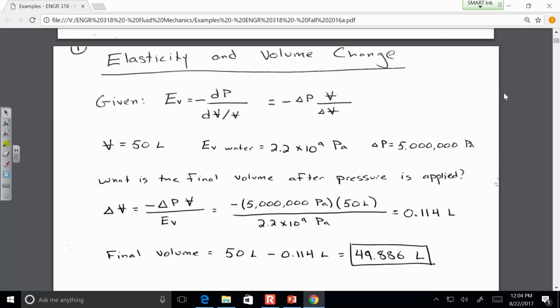Yeah. All right, so what we do here is, first of all, our governing equation is this relationship between elasticity, change in pressure, and unit change in volume. So that's our governing equation that's given. We're given the initial volume of the sample, the fluid property that we need, and the pressure that's applied.